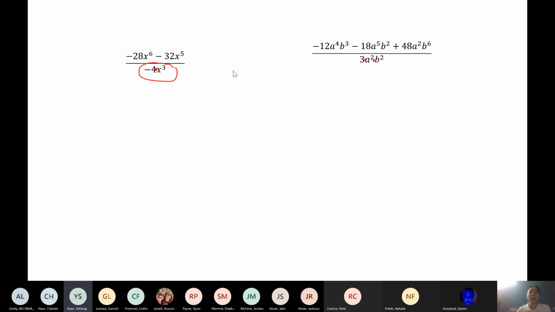We also did this in Math 305. So think about a question like this. If I ask you to do 6a plus 4b minus 2c and divide this by 2, what would you do?